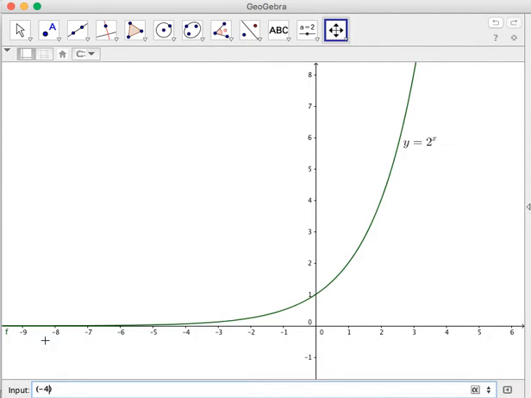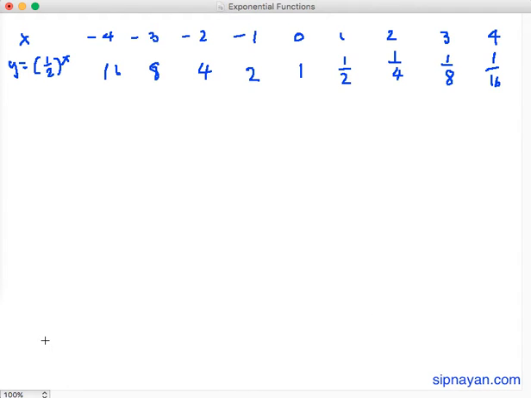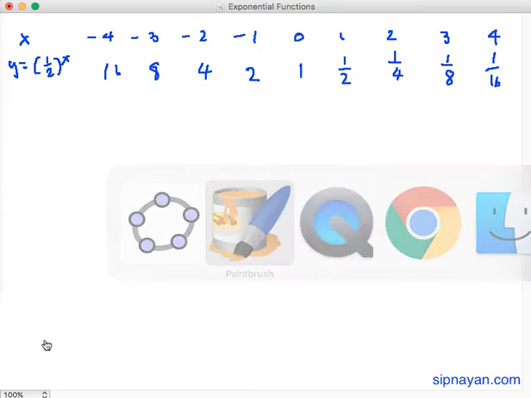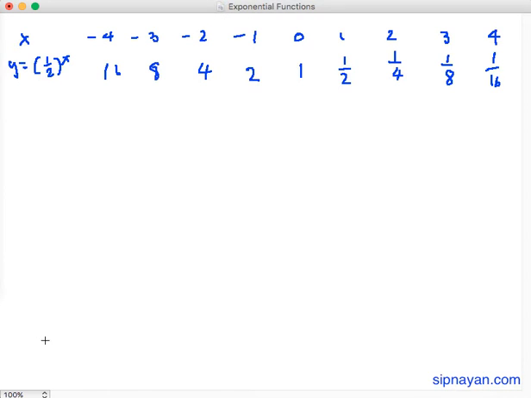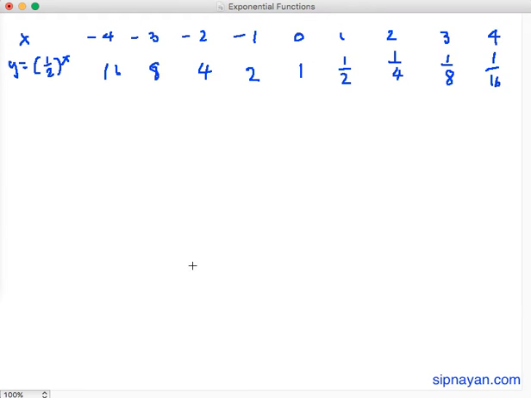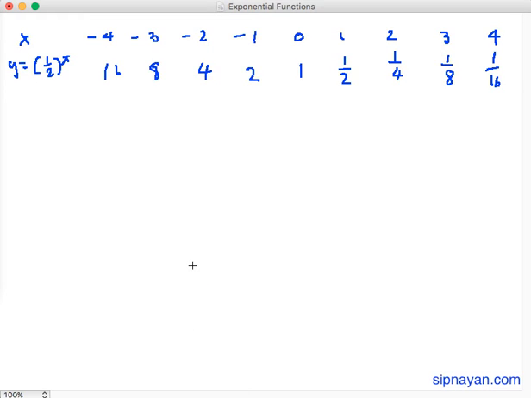Tapos, negative 2, 4. Tapos, negative 1, 2. Tapos, meron tayong 0, 1. Yan.